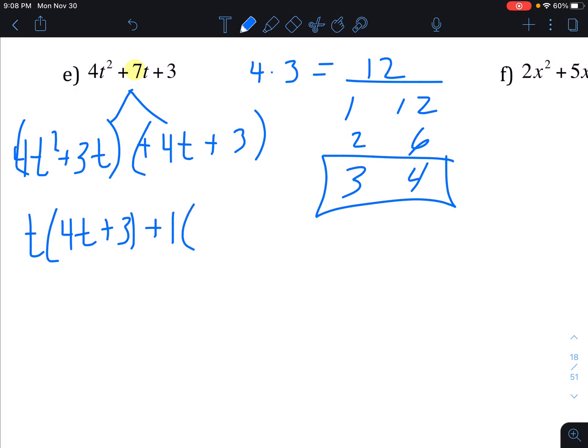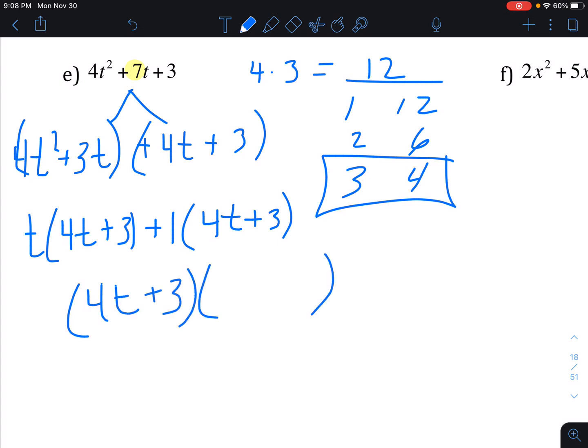And then dividing by 1 means you just drop it down to 4t plus 3. Notice the two parentheses, they match. So it's go time for our answer. In the one parentheses, put your matching 4t plus 3. And then your other one, put your GCFs, t plus 1.